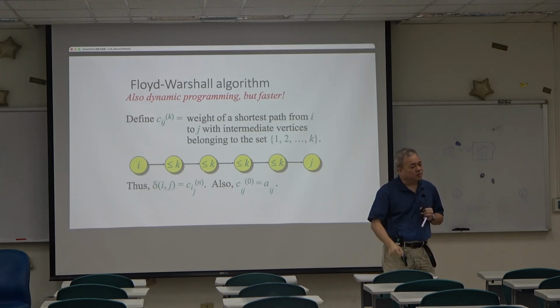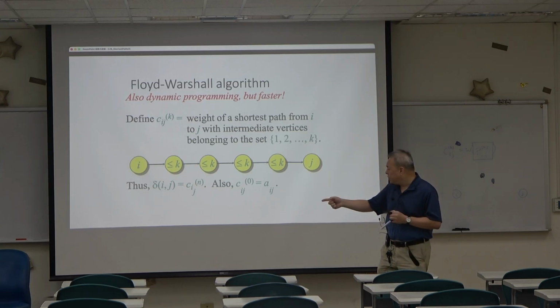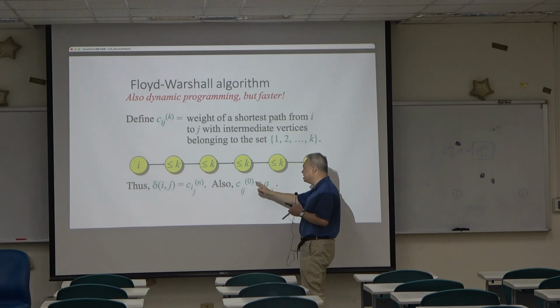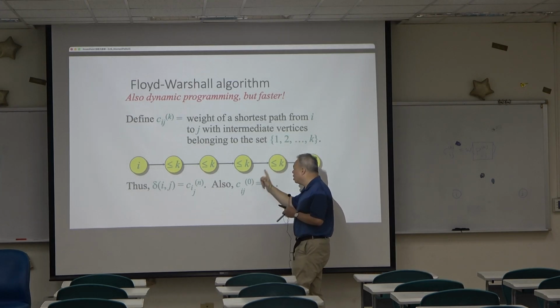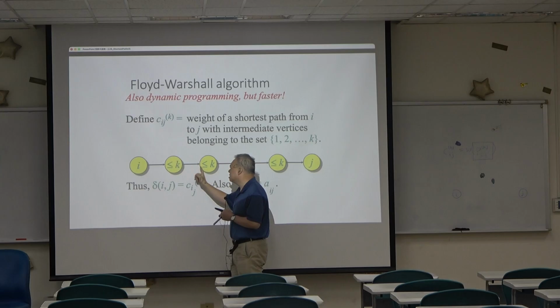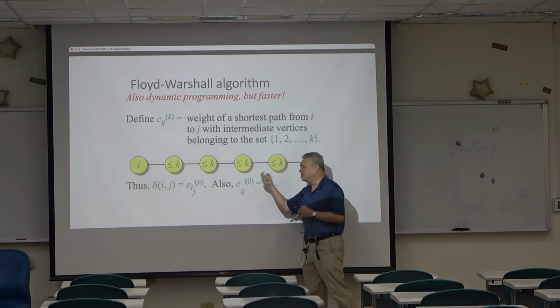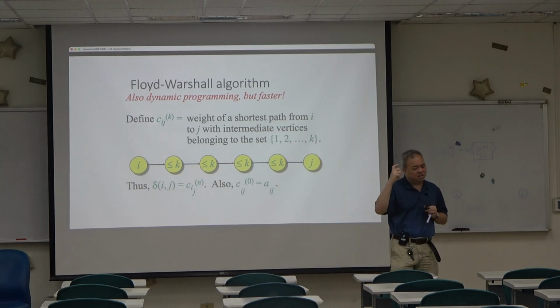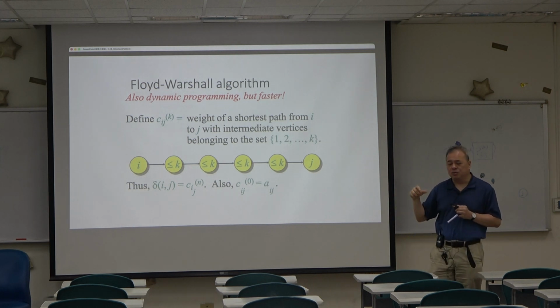If the superscript is 0, what does that mean? Remember, the superscript is the constraint for intermediate nodes, such that all the intermediate nodes, their number have to be smaller or equal to this one. So when you put 0 as the superscript, that means all these intermediate nodes have to be smaller or equal to 0.